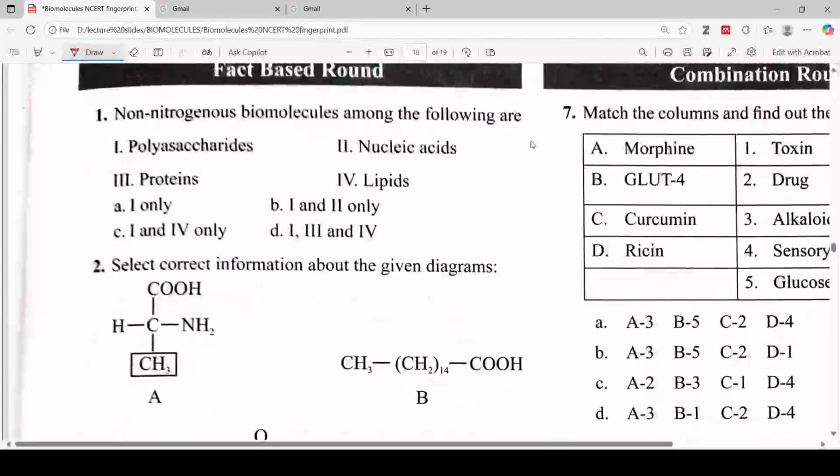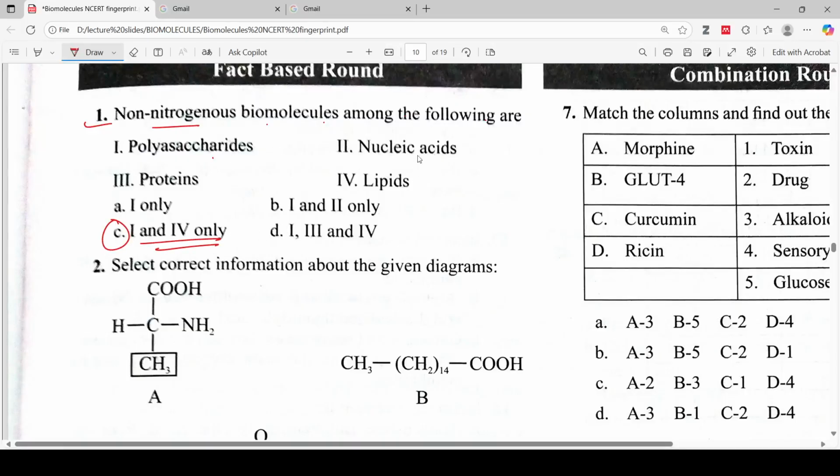Okay, let's move to the next question. The non-nitrogenous biomolecules among the following are polysaccharides, nucleic acids, protein, and lipid. So 2, 1, and 4 will be the correct answer.